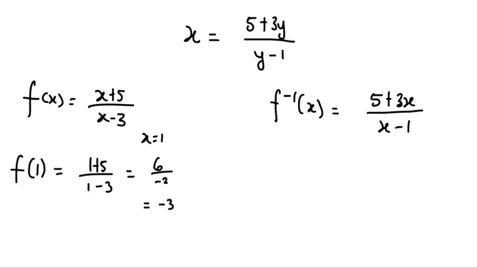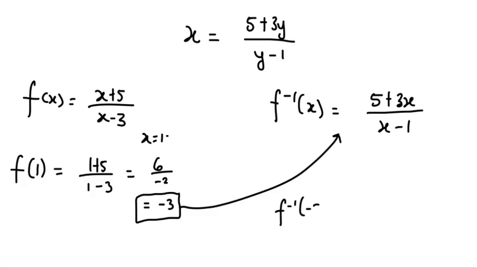Now this output here is going to be the input in the inverse of the function, and the output it will give you now is going to be the input of the original function. So here, f inverse of negative 3 is going to be equal to 5 plus 3 times negative 3, which is negative 9, divided by negative 3 minus 1.